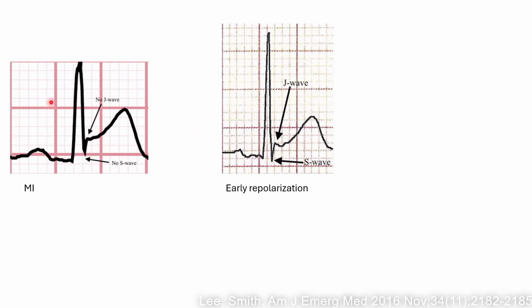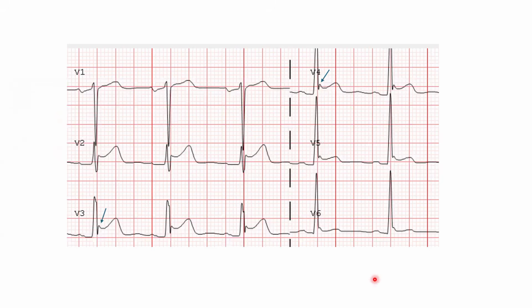So compare this to early repolarization, where you still have an S below the baseline and where you may have a J wave, not just a J point. So this is a case I had where I had ST elevation along with an S wave that is being pulled clearly above the baseline in these V3, V4, V5, V6.